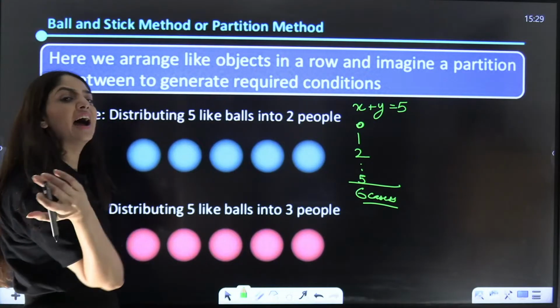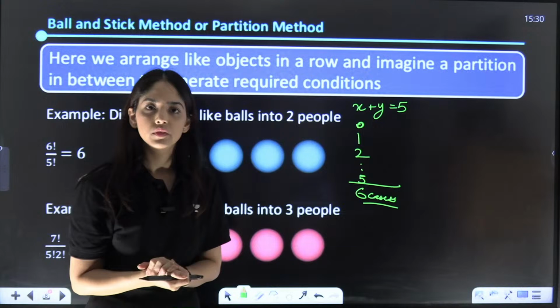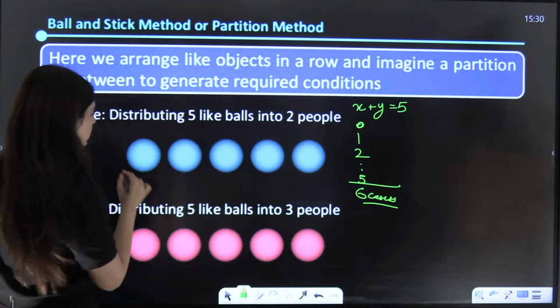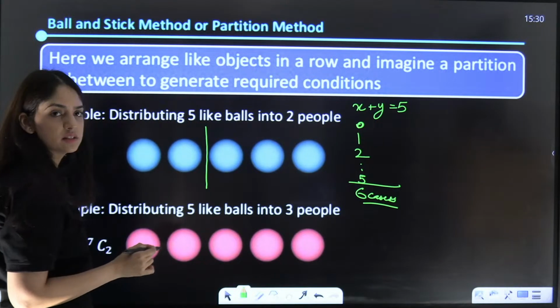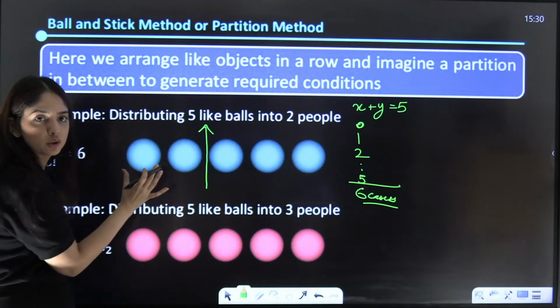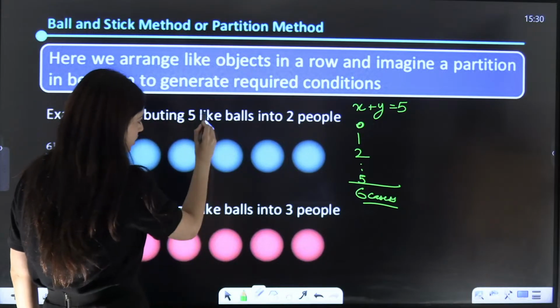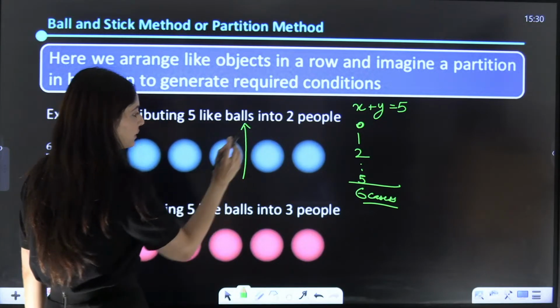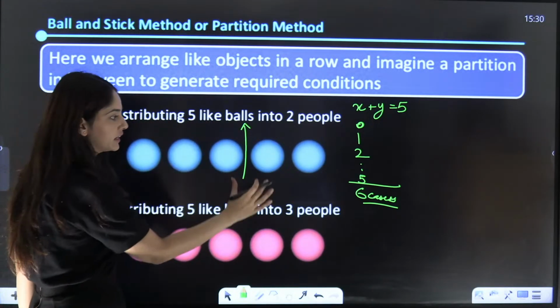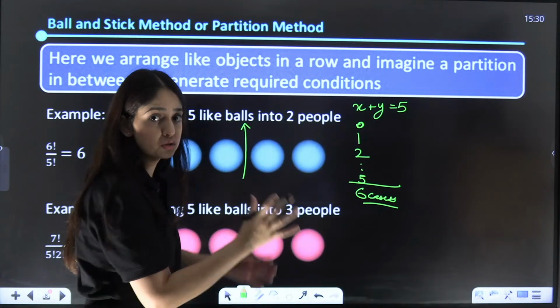Now another way of looking at this is, let's say I have to put a partition in this. If I put the partition here, that means the first student gets 2, the second student gets 3. If I put the partition here, that means the first student gets 3 and the second gets 2. They are different cases, so we have to count them separately, because the students are obviously not identical.